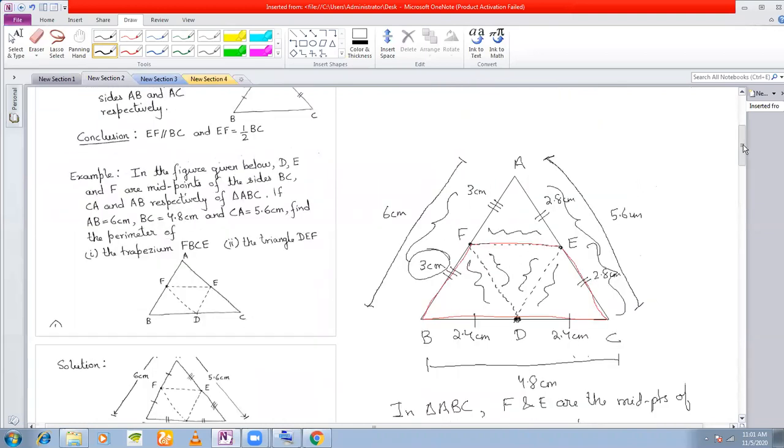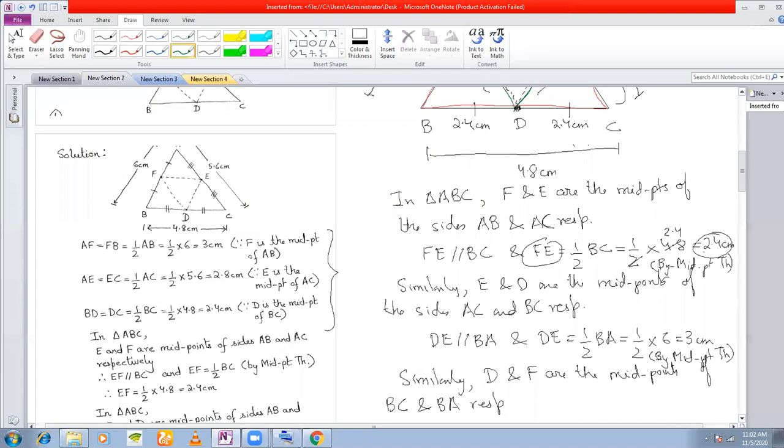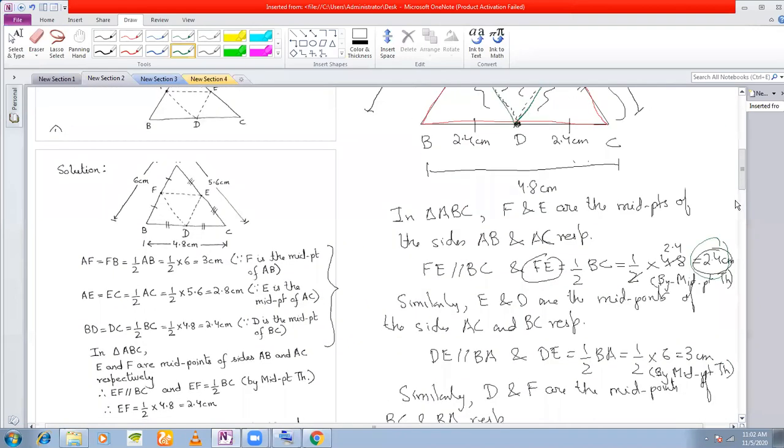Next, the perimeter of triangle DEF. Which one is your triangle DEF? This green one. What is the perimeter of this triangle? FE we have calculated, FE is 2.4.